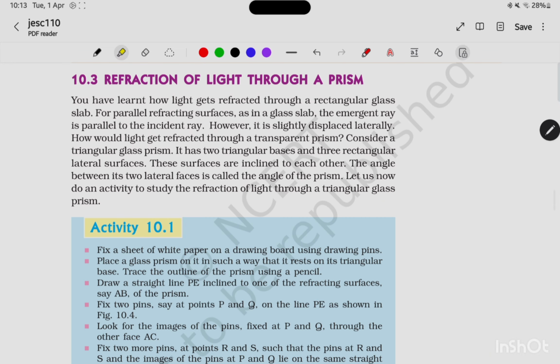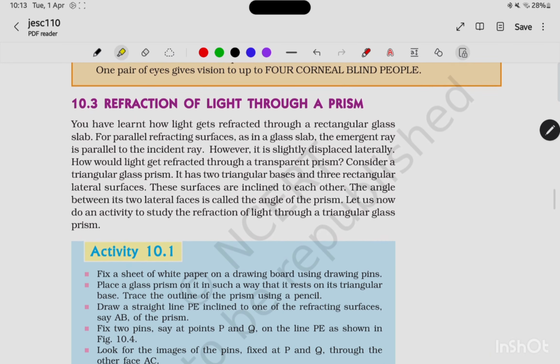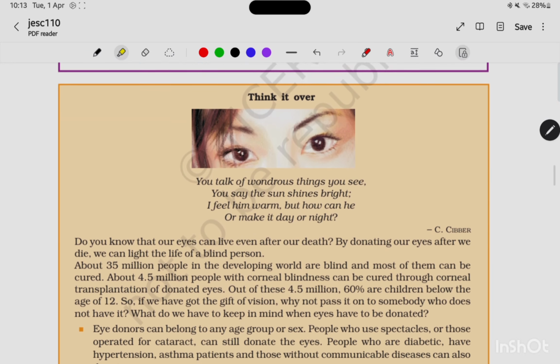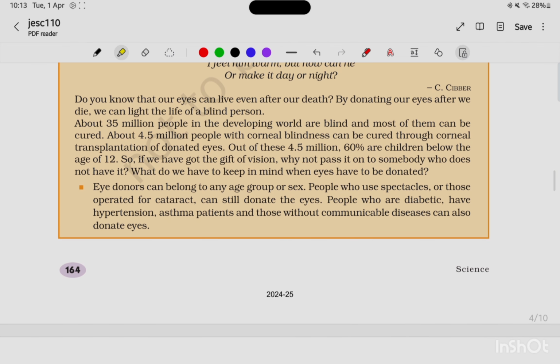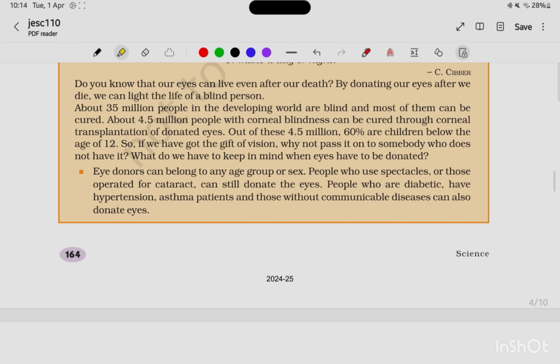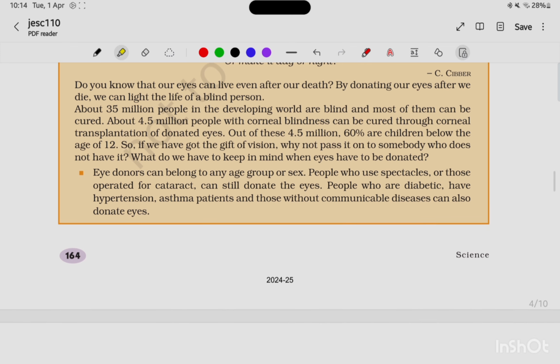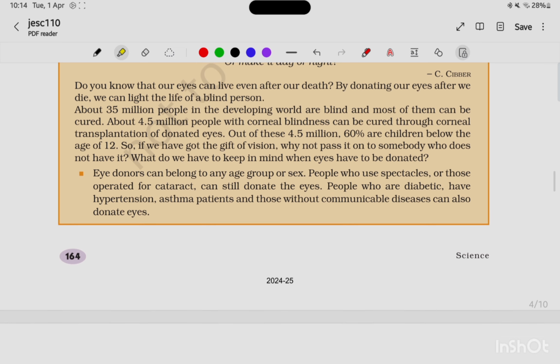Okay. Now we are looking at some phenomena of light, and this entire paragraph is for eye donors. So that is, you can donate your eye to people who are blind, and there are about 35 million people in the developing world who are blind. Okay, and 4.5 million people have corneal blindness, and it can be cured by the corneal transplantation of donated eyes.